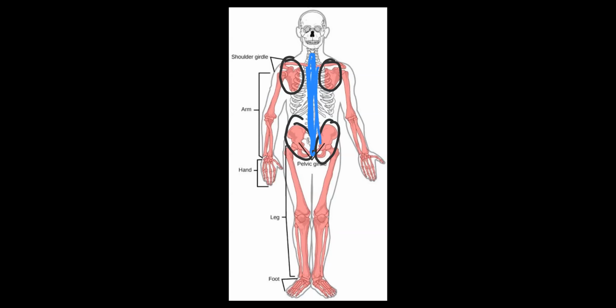So let's talk about the bones included in the appendicular skeleton. First one, forelimb bones.